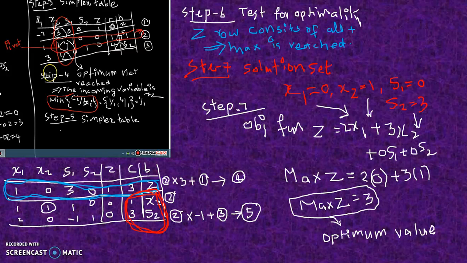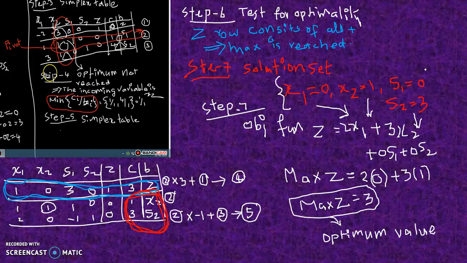Sometimes they may ask you for the minimization of z. Minimization or maximization, both we call optimization problems. In our problem the optimization is maximize z. So my optimum value is 3, and the solution set is this.